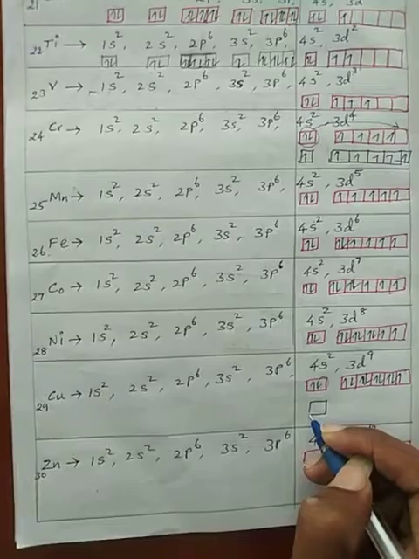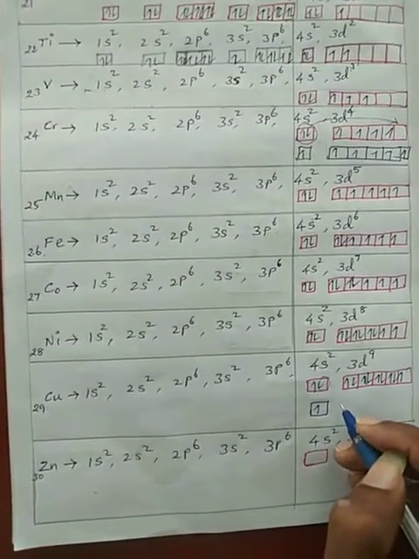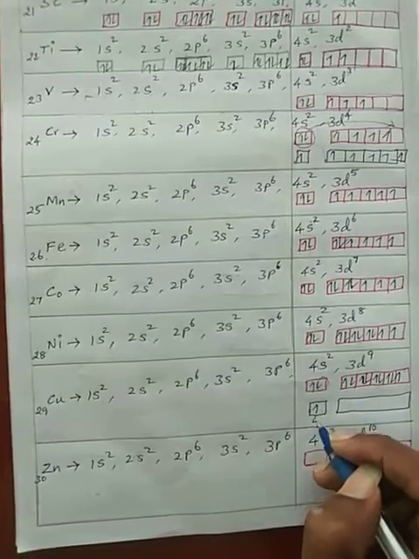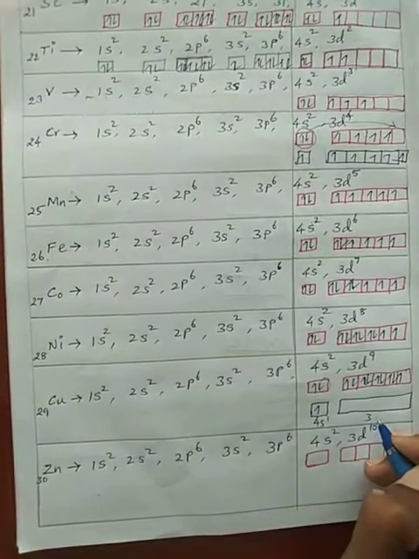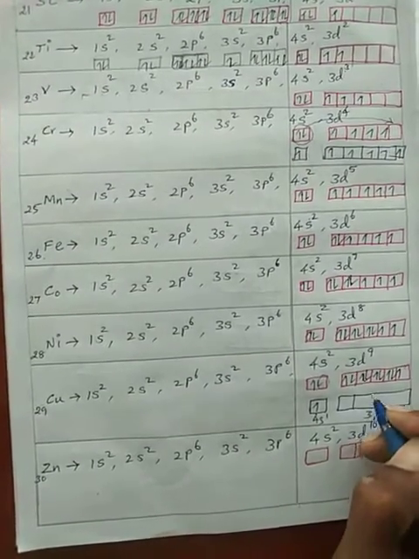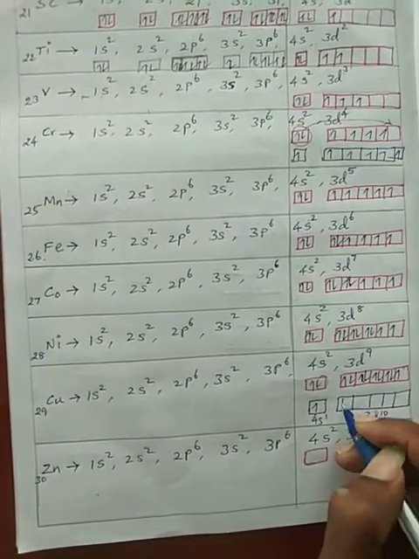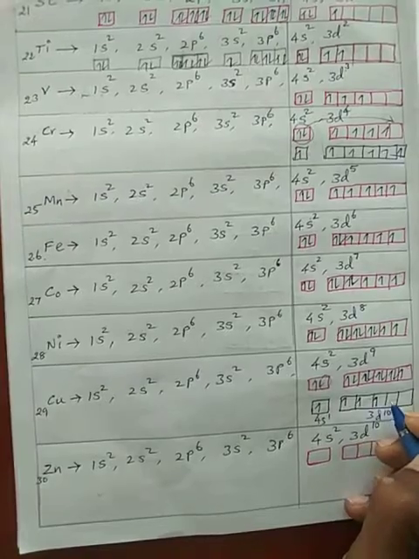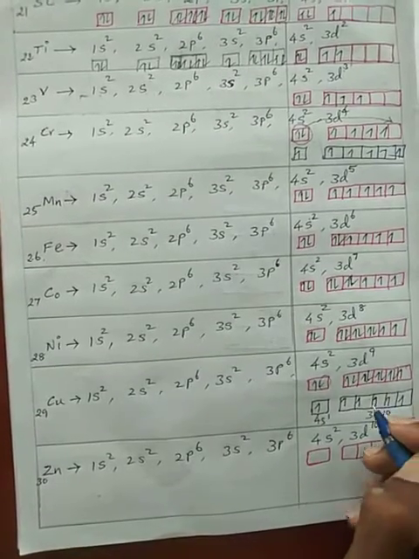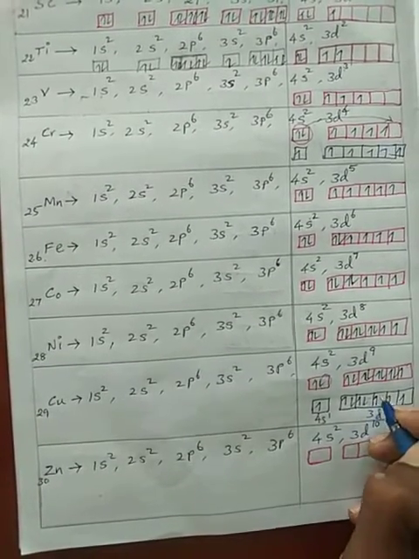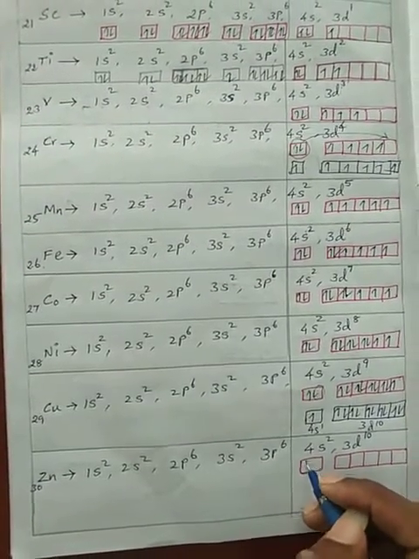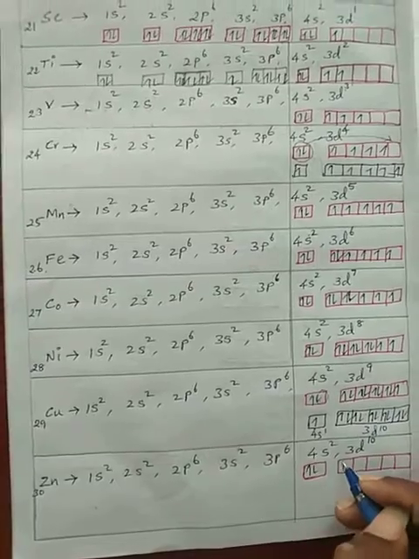The other possibility is 4s1 3d10, completely filled, with all arrows clockwise then anti-clockwise. And zinc is also completely filled in the outermost subshell.